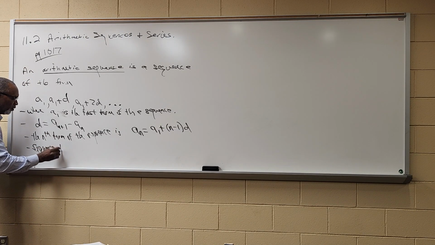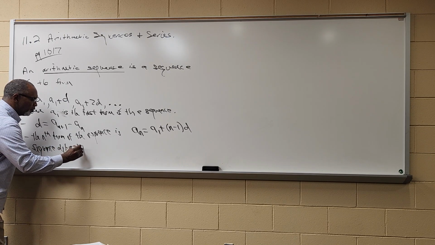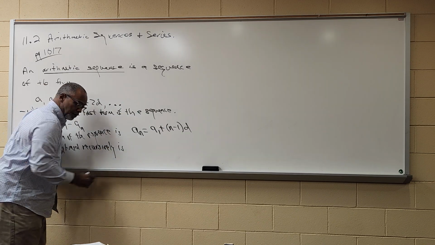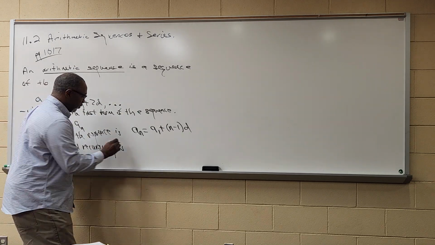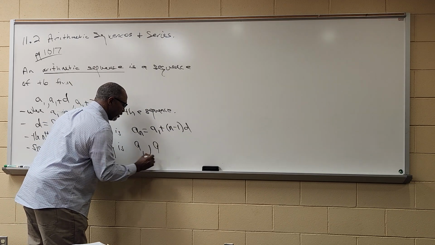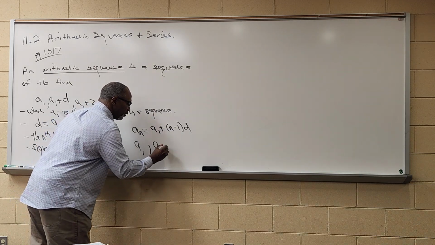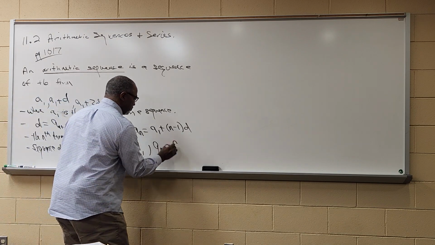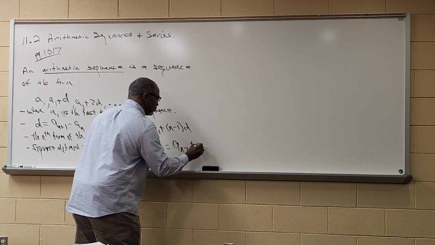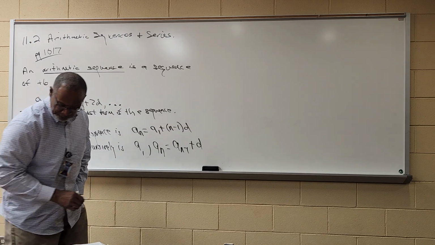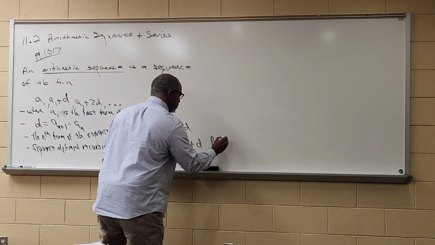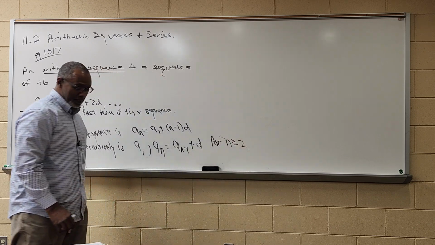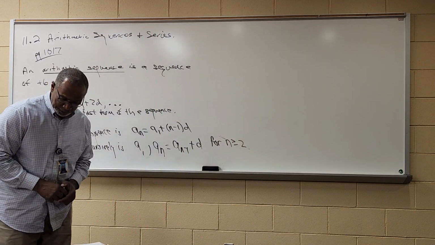A sequence defined recursively is, they say, A1 and then An is going to be A(n minus 1) plus D, for n greater than or equal to 2. So there's our definition for an arithmetic sequence.